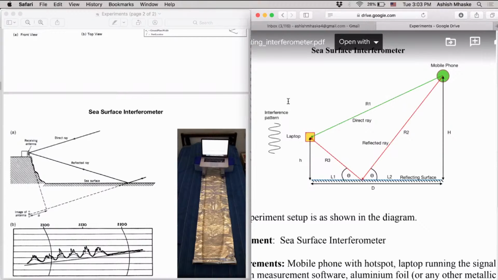Would a polished floor work? It depends on how reflecting it is. At optical wavelengths it might be doing a good job; you will see what it does at longer wavelengths.